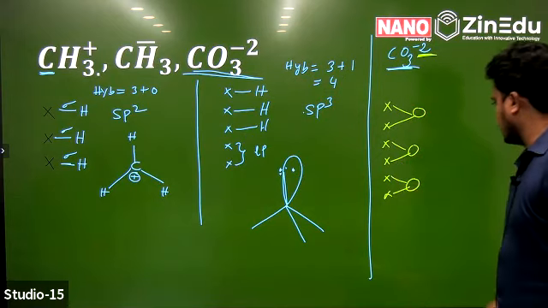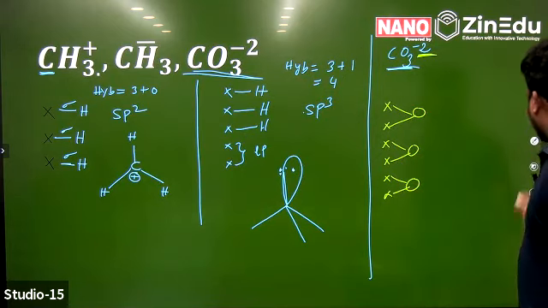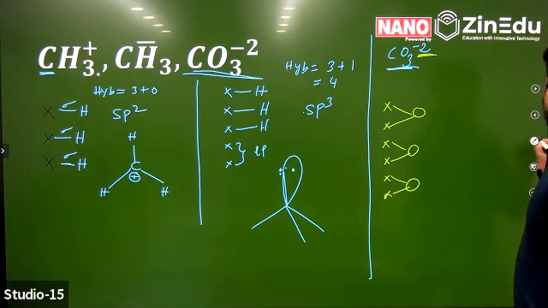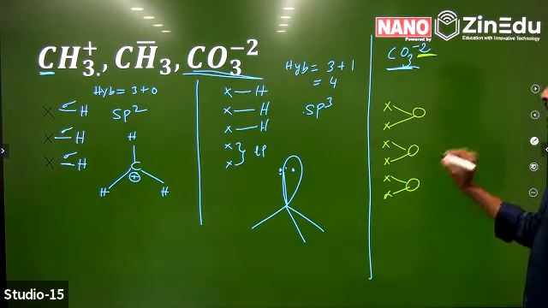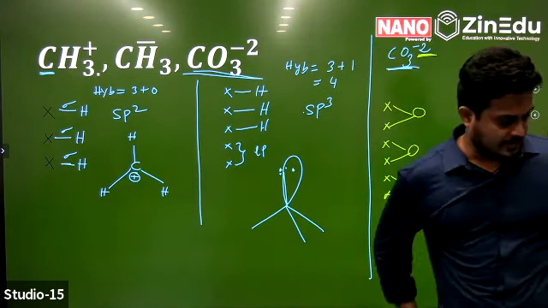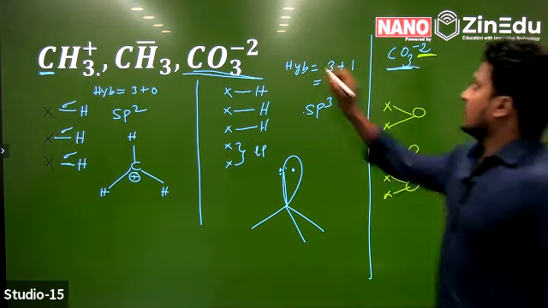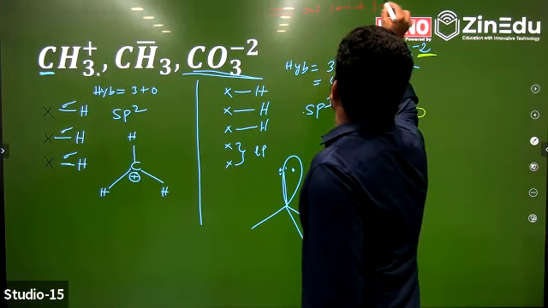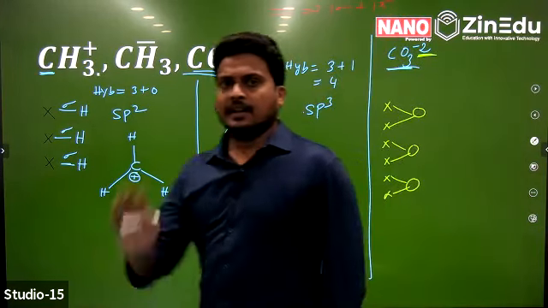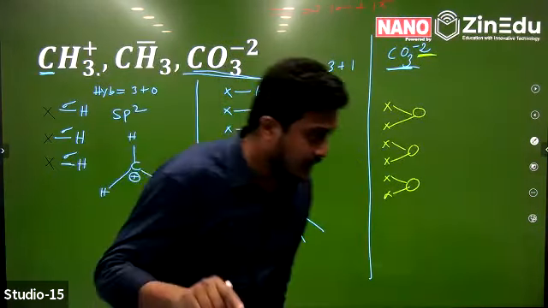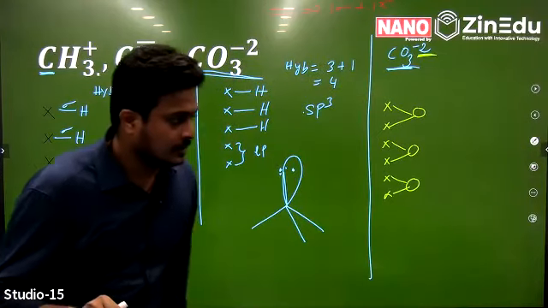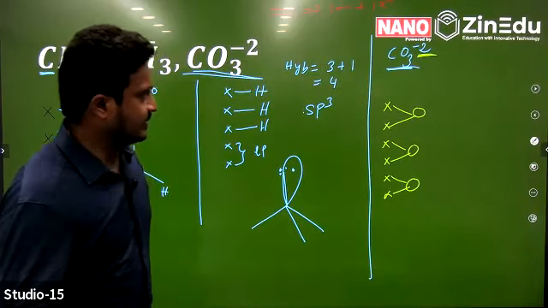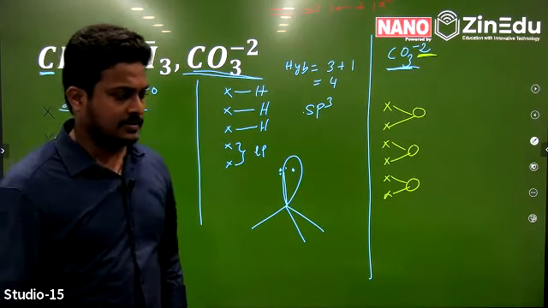Now tell me, how many sigma bonds are there here? Any double bond contains 1 sigma and 1 pi bond. Don't forget. So, 3 sigma and 3 pi. Yes, very good. 3 sigma bonds and 3 pi bonds.